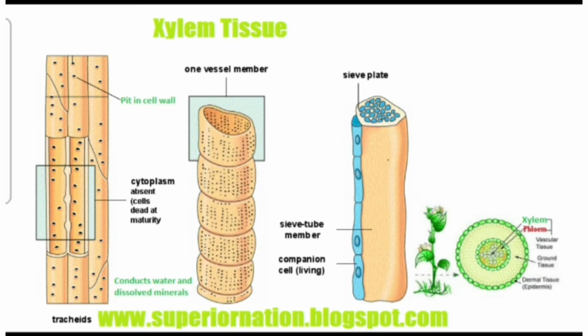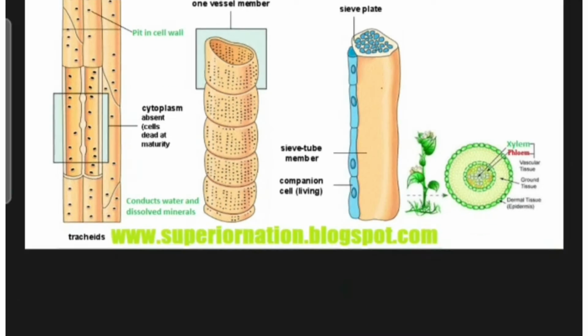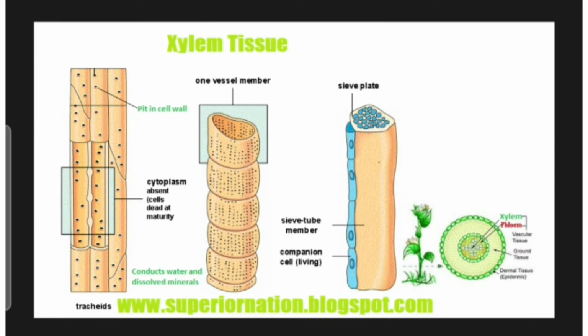Here you can understand properly that the cells are present one after another. The tracheids are also tubular cells but with tapering ends. These cell walls are also thickened with lignin.